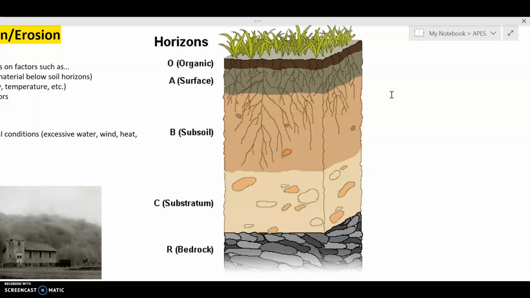So just be familiar with what the soil horizons are, and how at the very top the soil is extremely nutrient dense, and the lower you go, the less nutrient dense it's going to be, and the less organic material there's going to be.